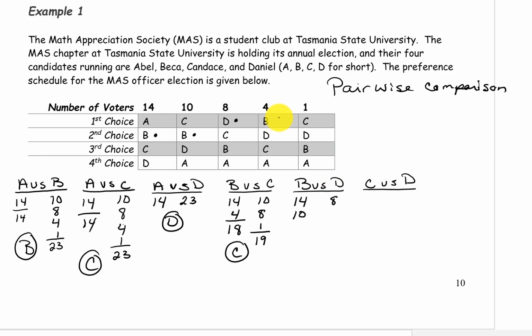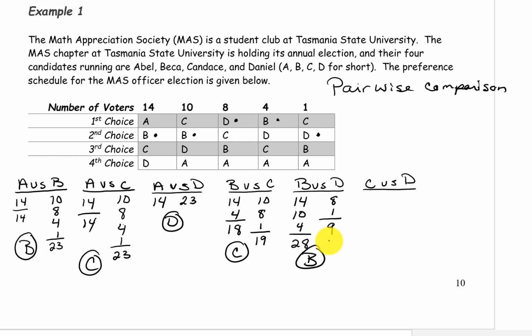On the next 4, B is above D, so B will get those 4 votes. And on the last ballot, D is above B, so D will get the last vote. So we can see that B has 14 plus 10 plus 4, which is a total of 28, and candidate D has 9. So B wins that head-to-head.